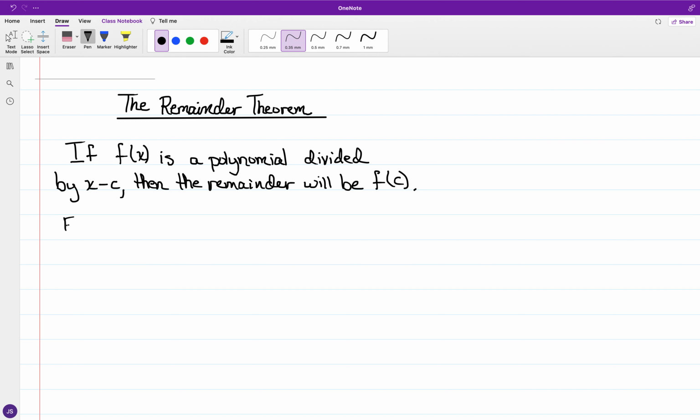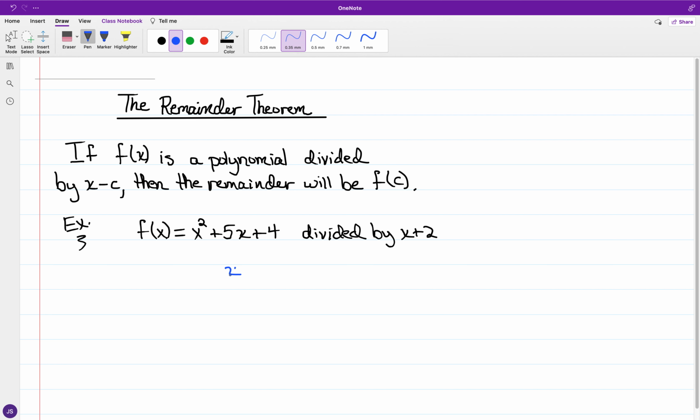Let's say you have the polynomial f of x, a quadratic function, where f of x is equal to x squared plus 5x plus 4, and this is going to be divided by x plus 2. The divisor is x plus 2.